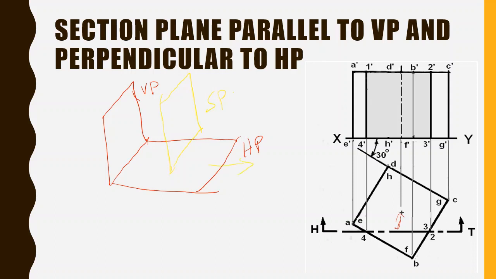This is the HP. With respect to HP, this section plane is perpendicular, and this particular section plane is parallel to VP. This is the meaning carried out here, for your understanding. So where exactly will this section plane be available? Only in the top view. Here we have the top view, and this is your front view.